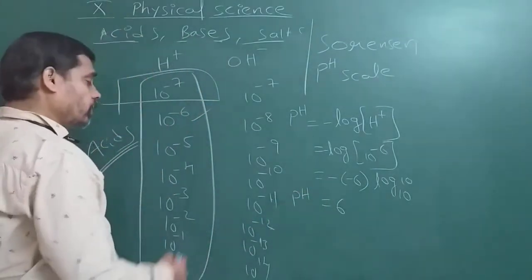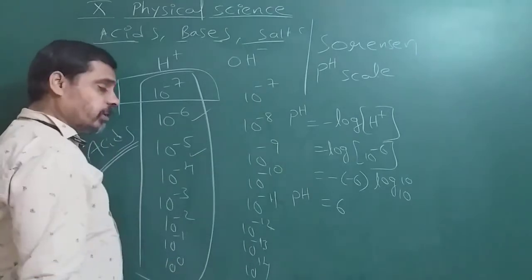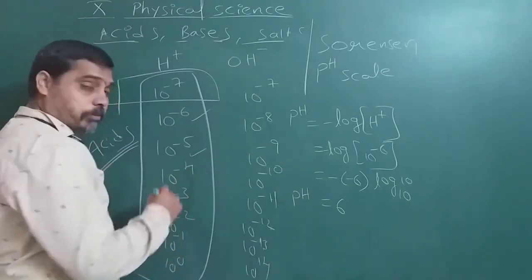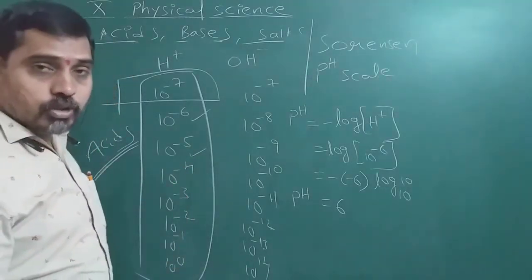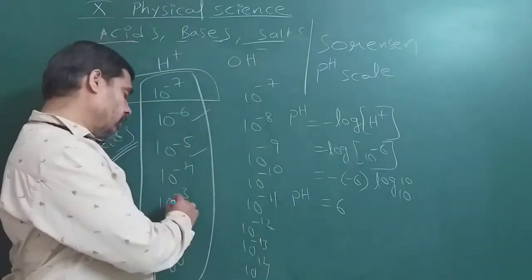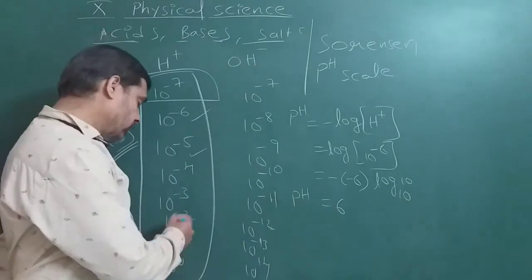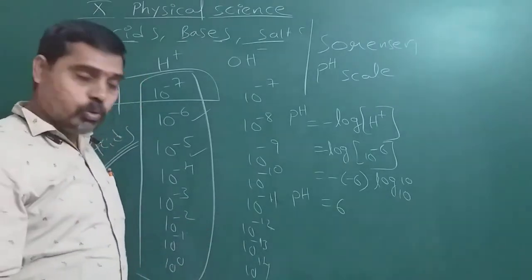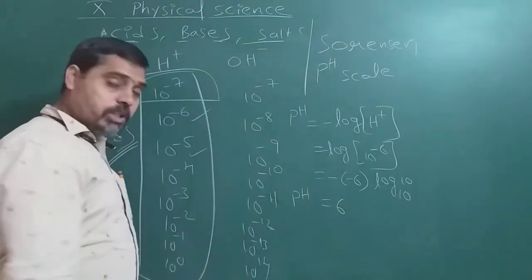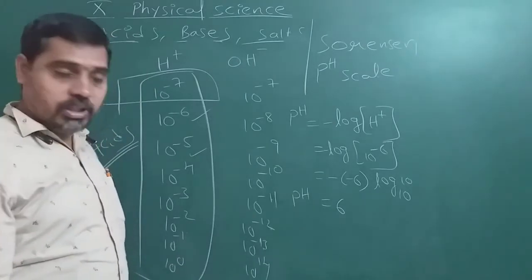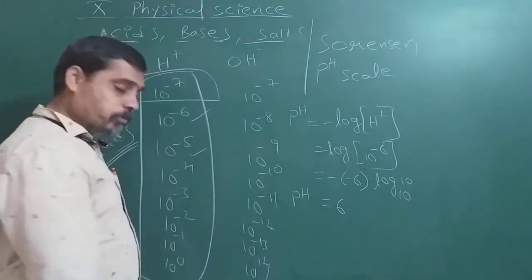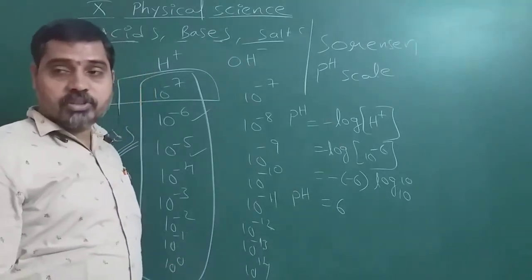Then what about the pH value of 10 power minus 5? 5. The pH value of 10 power minus 4? 4. Of 10 power minus 3? 3. Of 10 power minus 2? 2. Of 10 power minus 1? 1. What about the pH value of 10 power 0 concentration? 0.